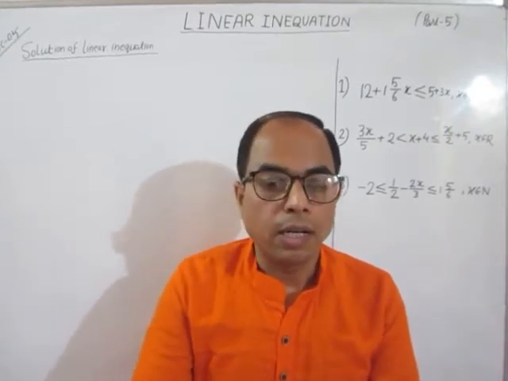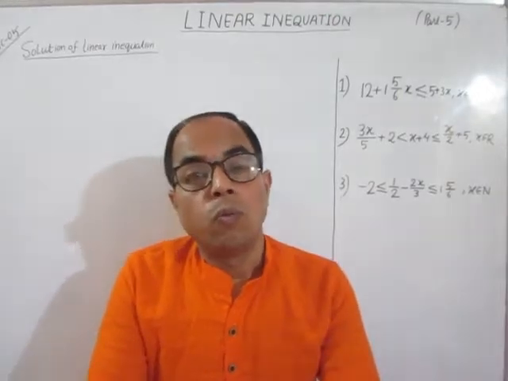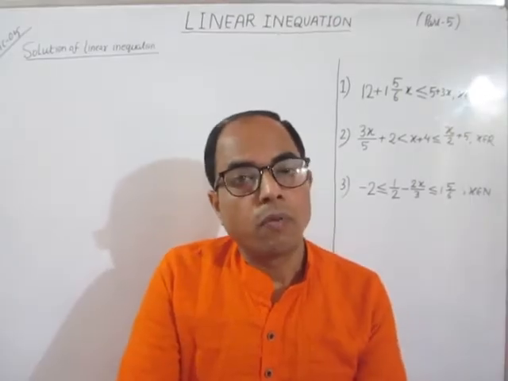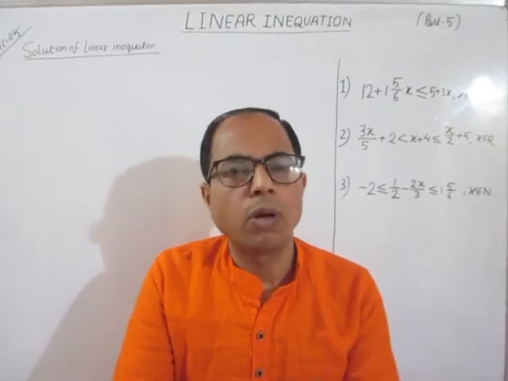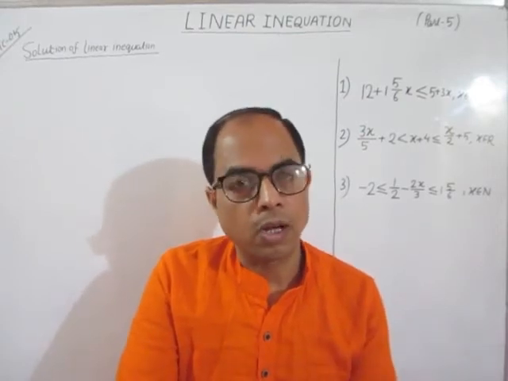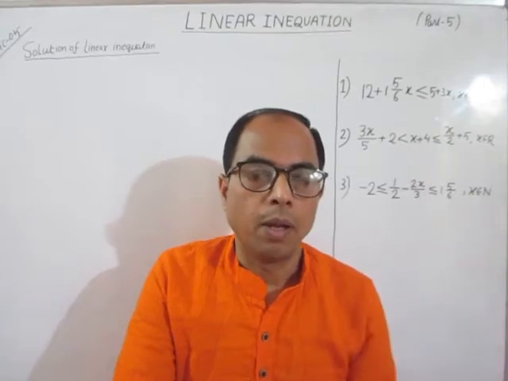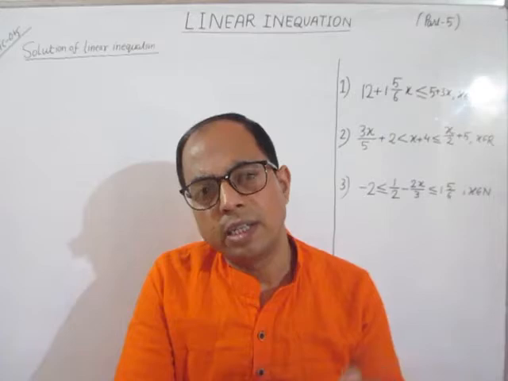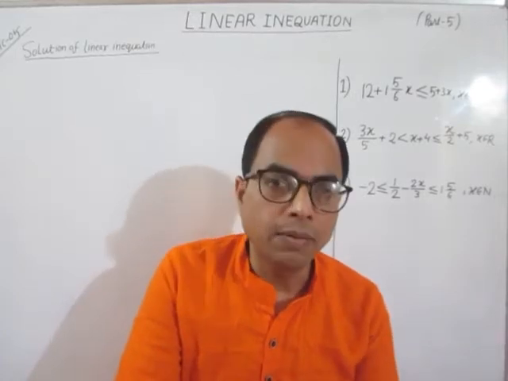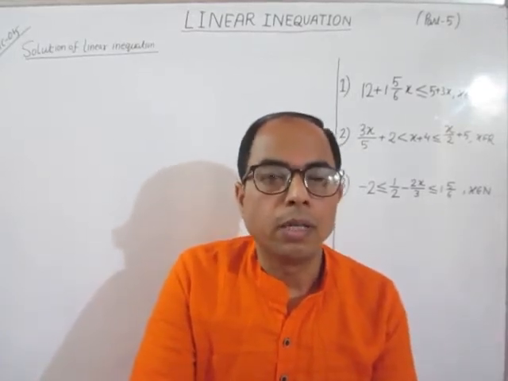Now the second important rule is when each term of an inequality is multiplied or divided by a positive number, then the sign of inequality remains the same. But if each term of the inequality is divided or multiplied by a negative number, then the sign of inequality reverses.